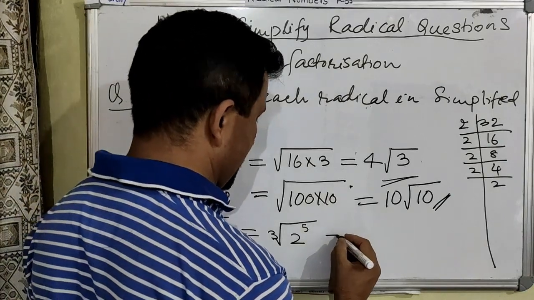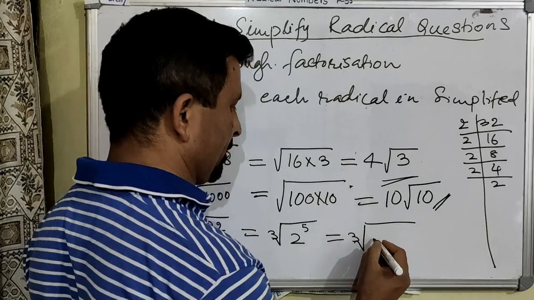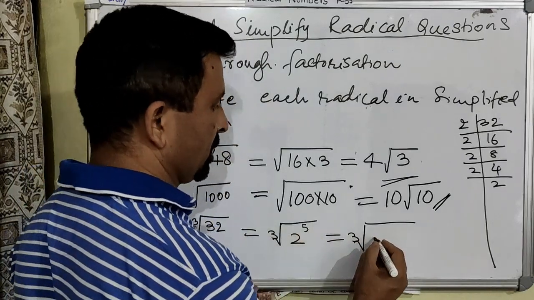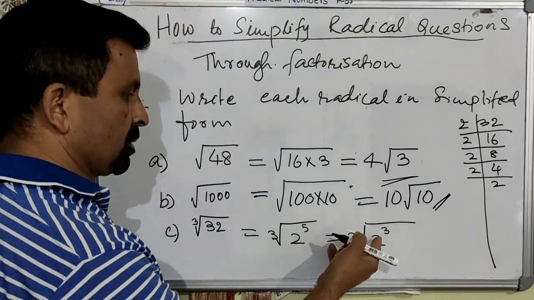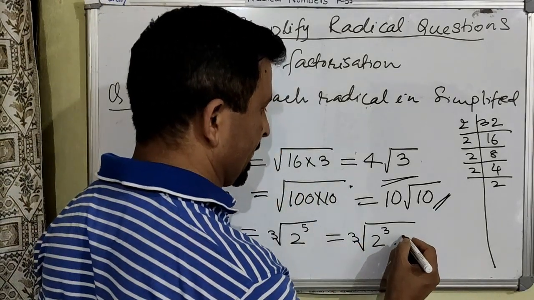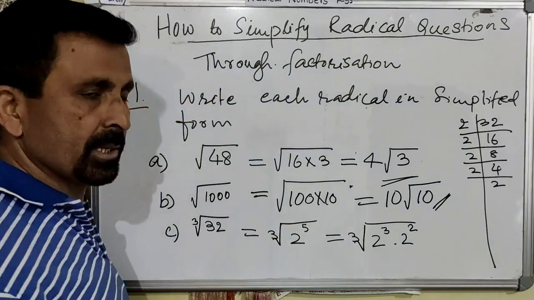So we can write this as cube root of 2 to the power 3, written first because the power of the base has to match this one. That means out of 5 powers, 3 powers came out. How many powers of 2 are left? 2. So then you can write another factor as 2 to the power 2. Hope this is very clear.